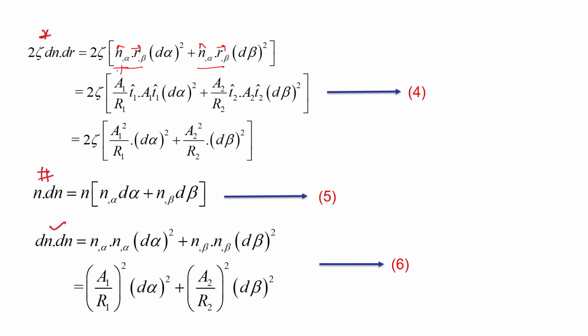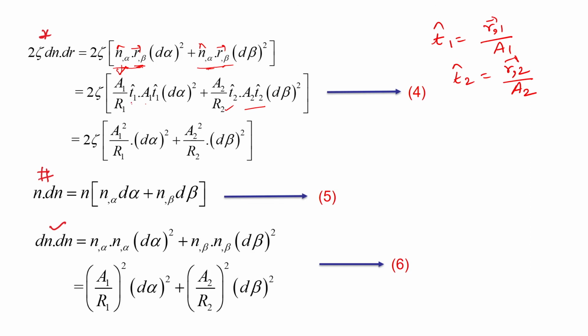Here n comma alpha, so using the Rodriguez theorem, it can be represented that a1 by r1 into t1 and r comma beta is a1 into t1 hat, and similarly here n comma alpha and r comma beta we can write in terms of that form, because if you remember correctly I have said T1 hat is r comma alpha in vector form upon a1 and T2 hat is r comma beta upon a2, like that.